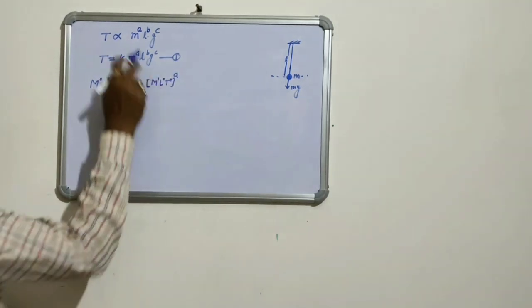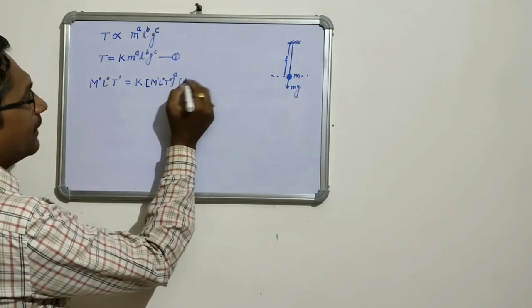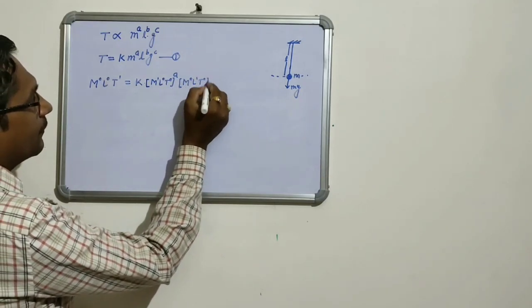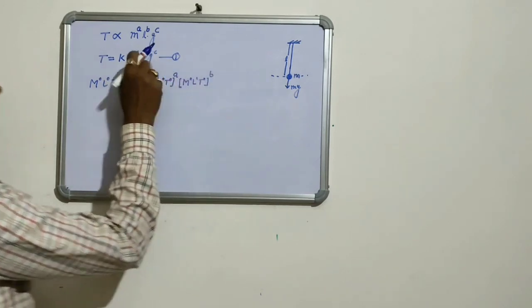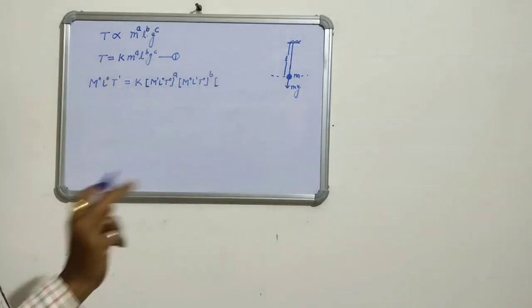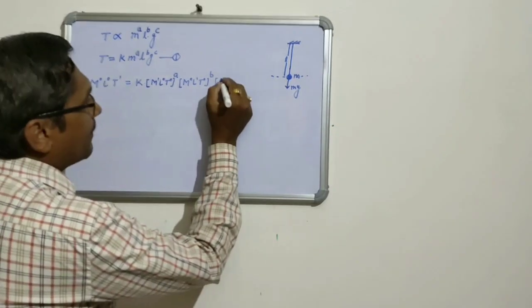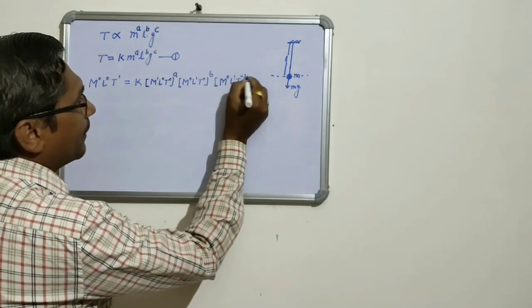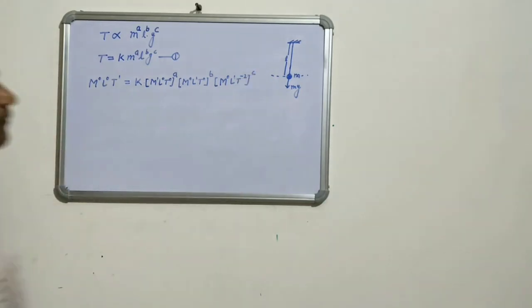The dimensional formula of length is M^0 L^1 T^0, to the power b. And the dimensional formula of acceleration due to gravity equals the dimensional formula of acceleration, so it is M^0 L^1 T^-2, to the power c.